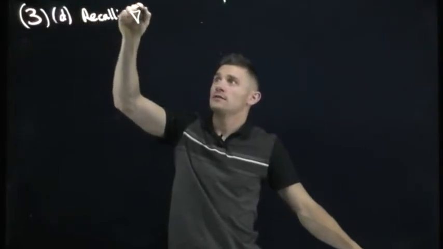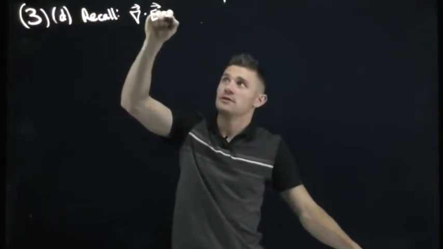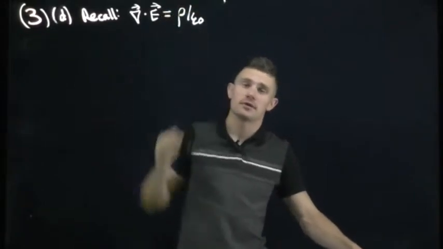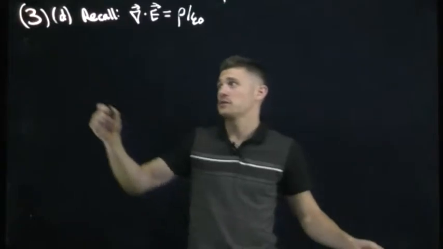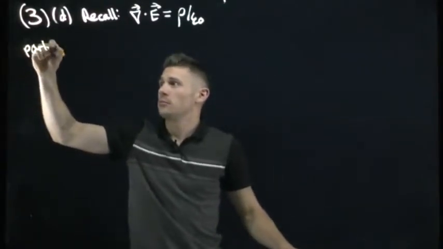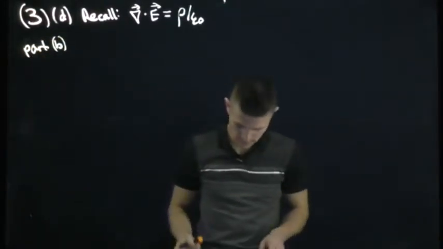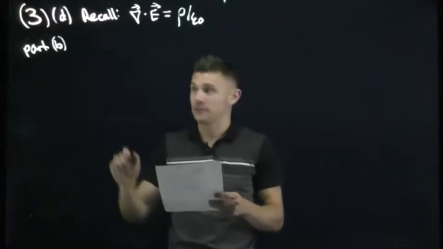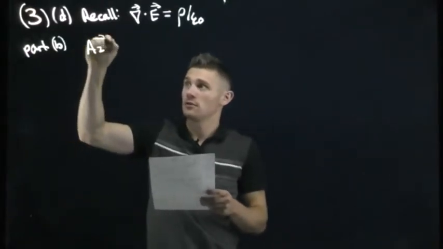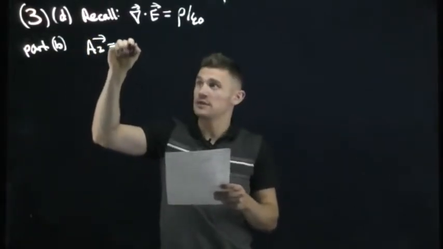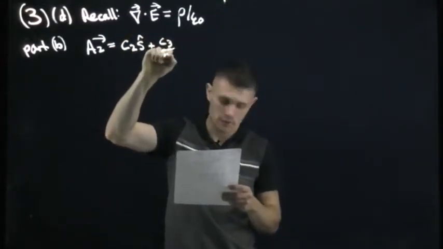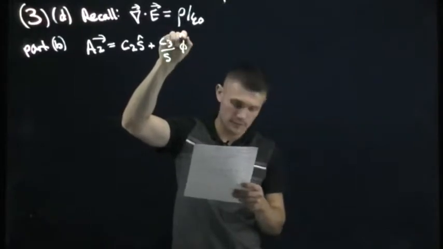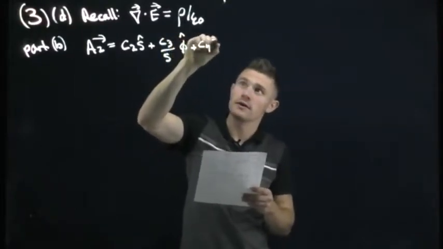that the divergence of the electric field is equal to rho over epsilon naught for an electrostatic field. Now the electrostatic field that we found was in part B. I'll just find it here in my notes. That field was A2 is equal to C2 s hat plus C3 over s phi hat plus C4 z hat.